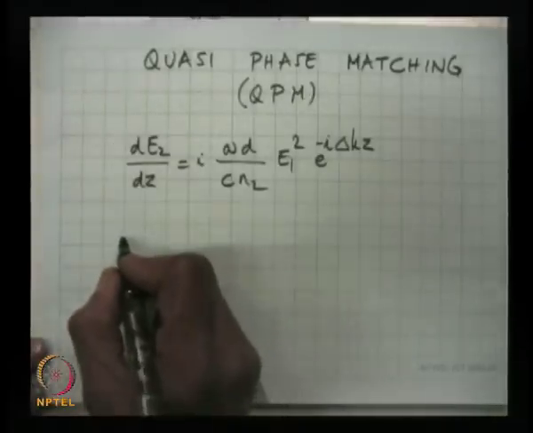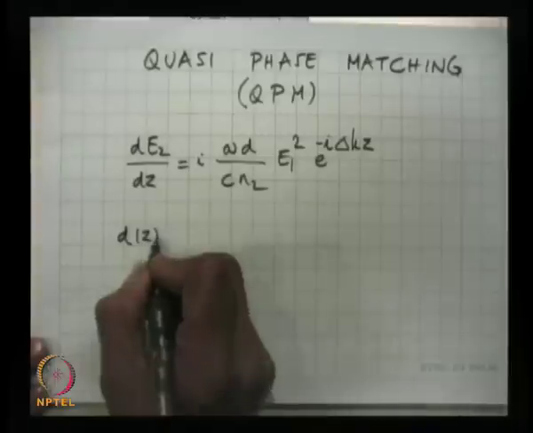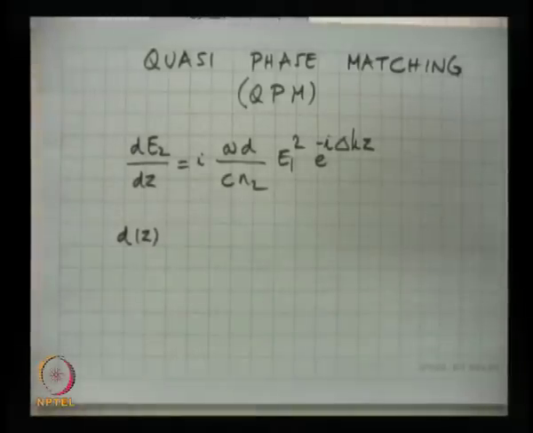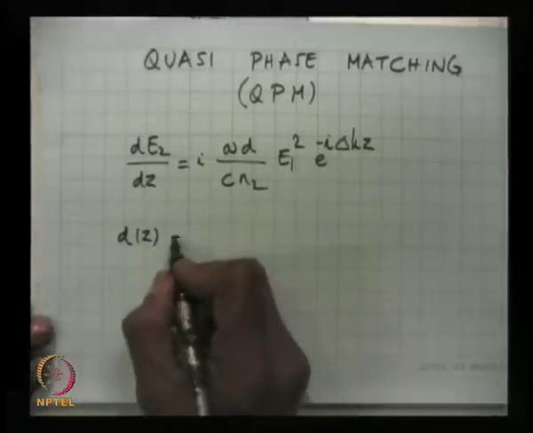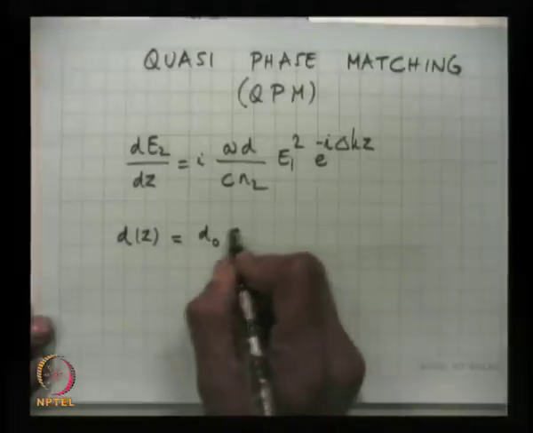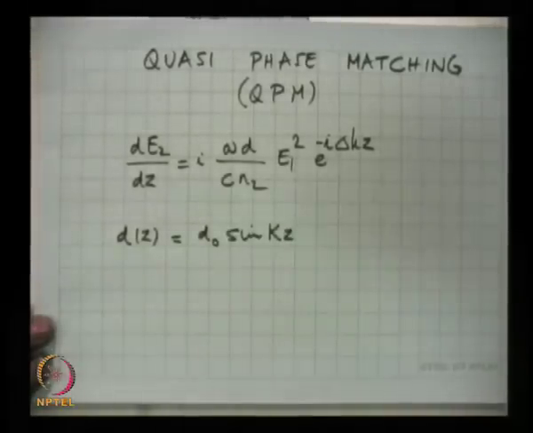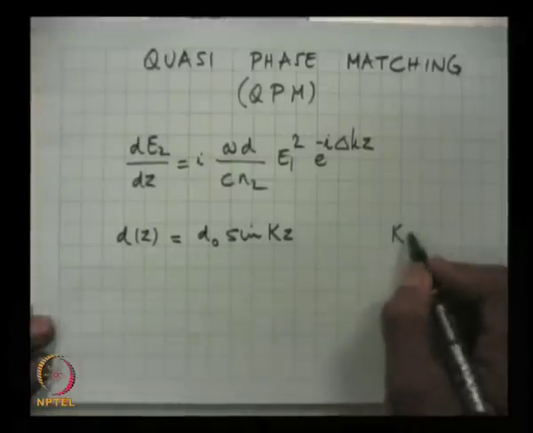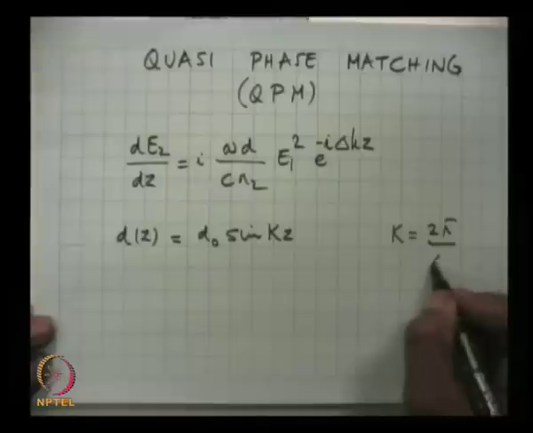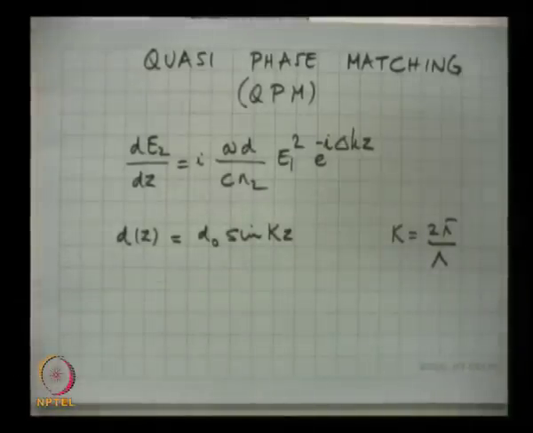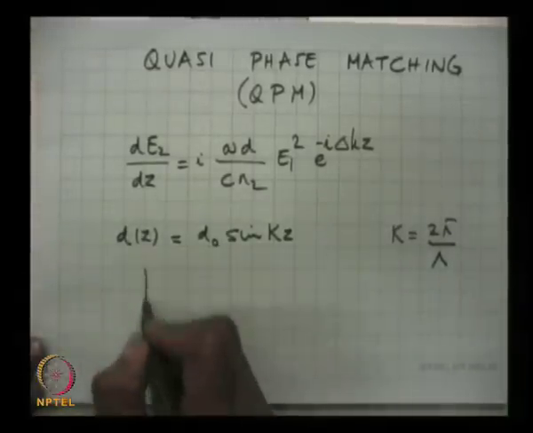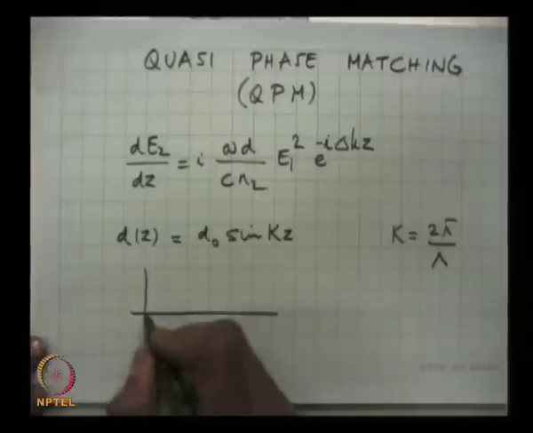The other way is, now let me look at this following situation. Suppose I could generate a medium in which d was a periodic function of z. So, let me take for example d0 sin Kz, where K is equal to 2π/Λ, which means I am trying to look at a medium in which d goes like this.